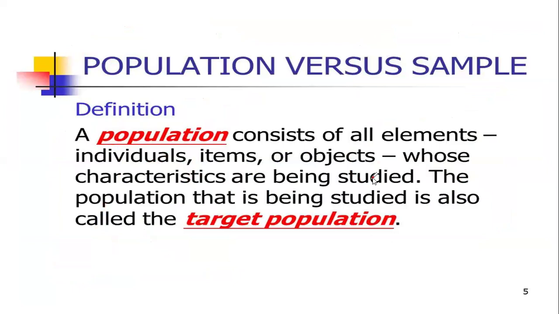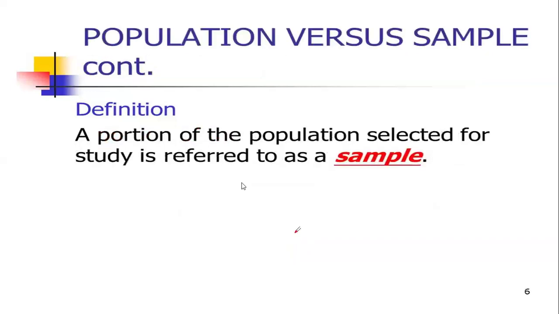That's the population, and the population that is being studied can also be known as the target population. These definitions are very important, guys. You need to know them by heart, because this is a statistics course that you are taking.